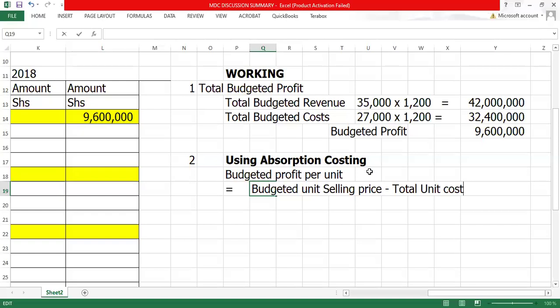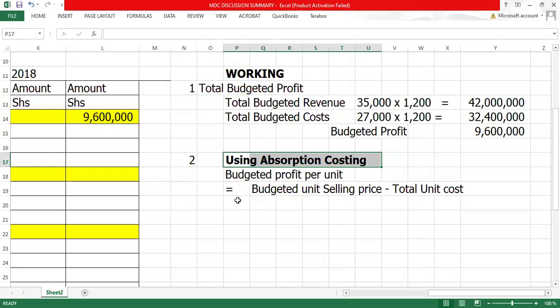Because you're using absorption costing, you will be looking at the total unit cost, not only variable cost. If you're using marginal costing, it is budgeted unit selling price minus the total unit variable cost.